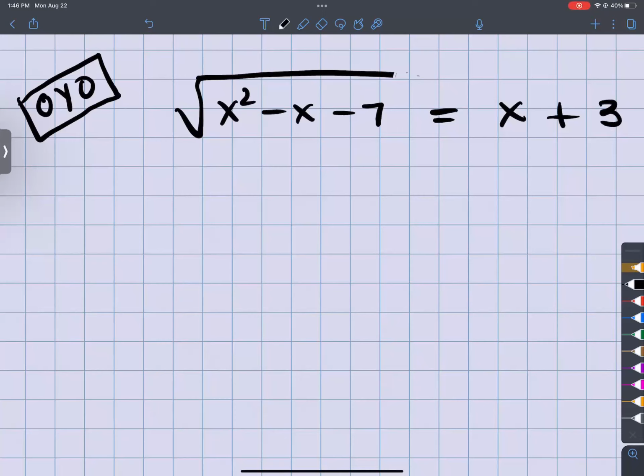You gotta write this out twice, just like we did over here, and then double distribute. Anytime you have a binomial squared, you have to write it out twice and FOIL.